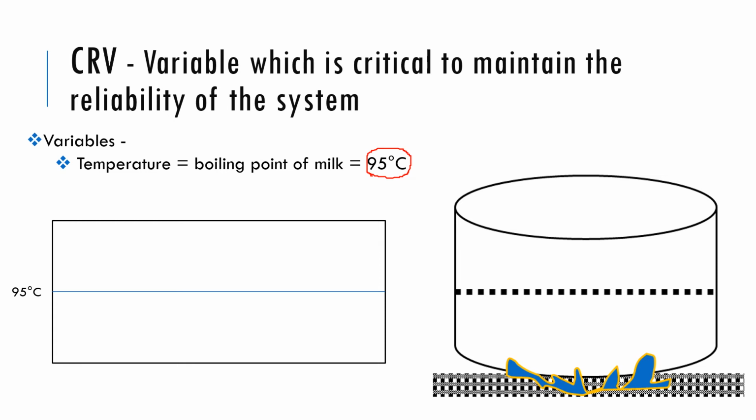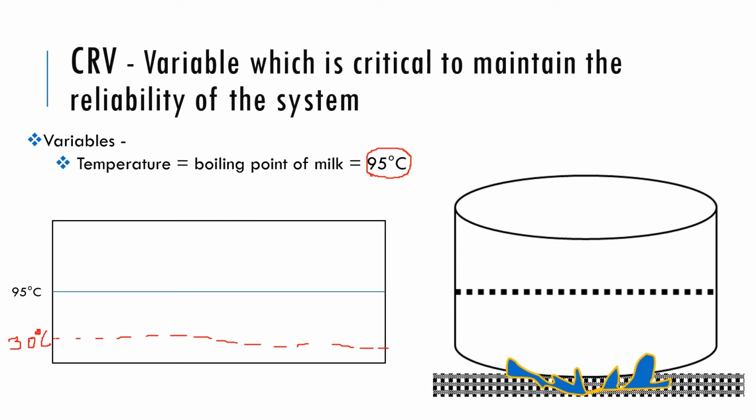The next step is to see what is going to happen if we go high or low. Now if we keep it too low, say near around room temperature, it may not boil at all.